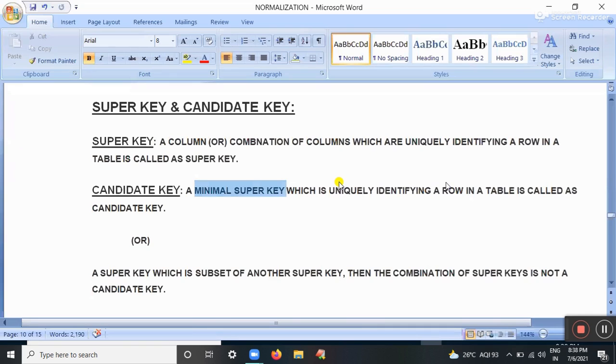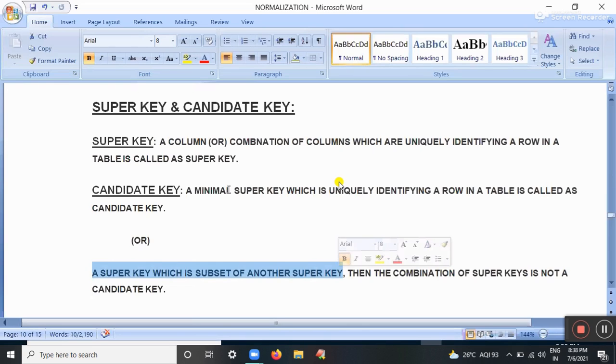And now tell me, in these three levels, which is the minimum level? Level 1, level 2, or level 3? Which is minimal?